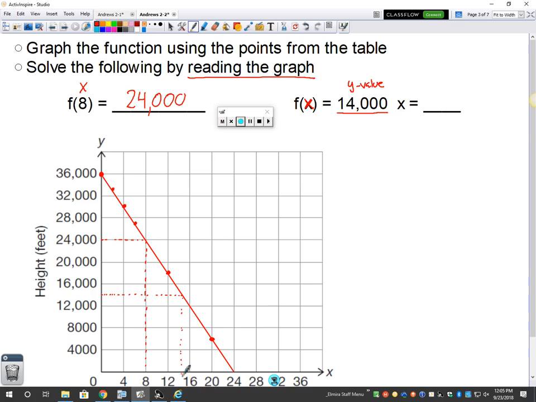And that appears to be around 13 minutes by the way that I drew mine. Could be 12 and a half. Could be 12 minutes, 58 seconds. Impossible to know exactly just from looking at the graph.